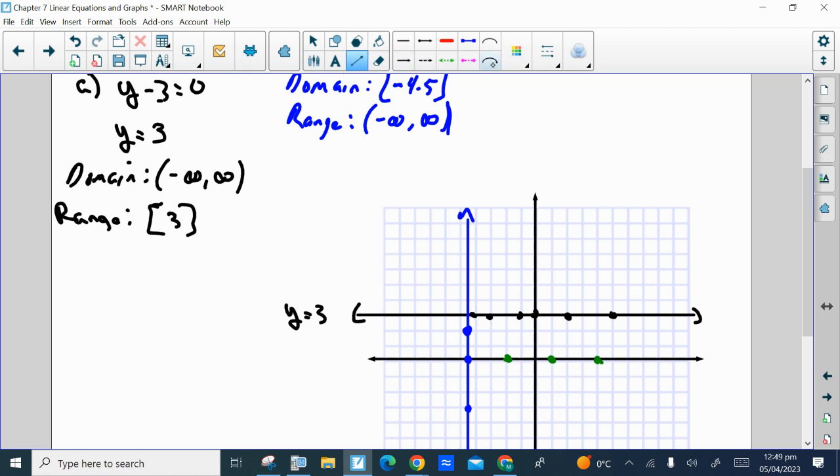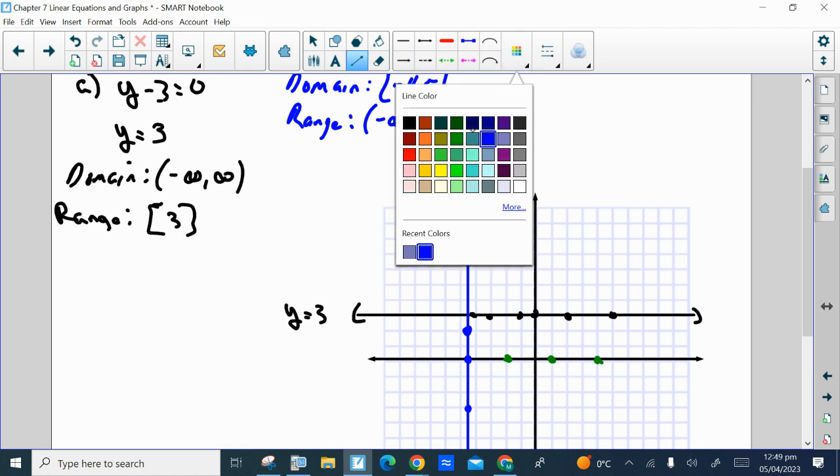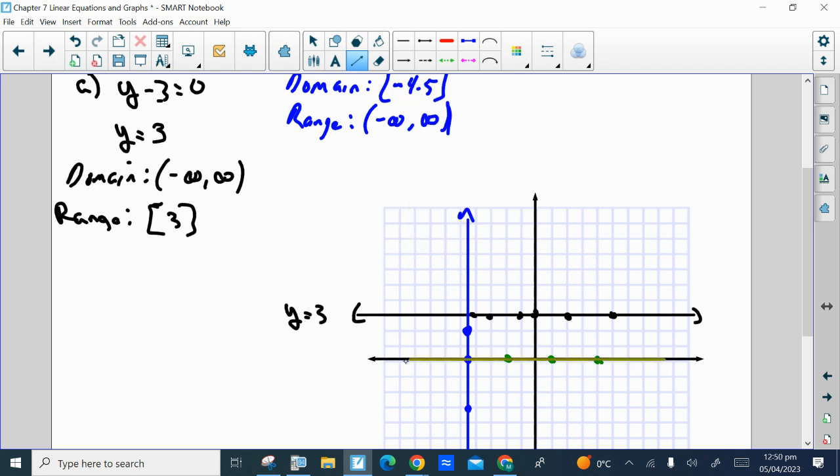This is actually the equation of the x-axis. The x-axis is the line y equals 0, whereas the vertical one was x equals negative 4.5.